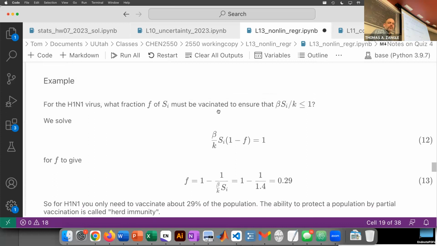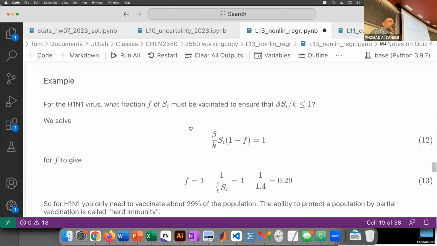From this expression, we can do things like, you may have seen this in vaccination discussions, right? Like, what is the fraction of the population that needs to receive a vaccine in order to prevent spread of a disease? It comes from models like this.